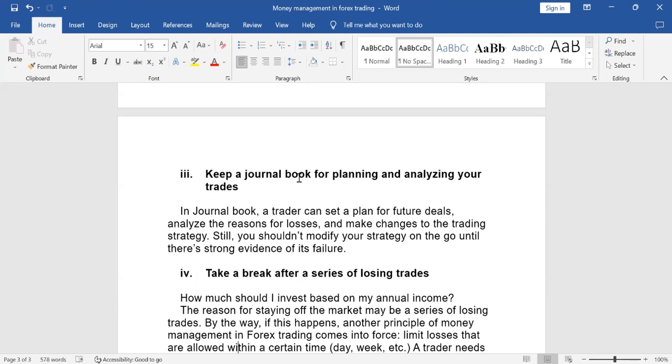Go and do your research. Most professional traders keep a record of the trades they take. That is why scalpers don't have a journal book, but professionals, intraday and swing traders have a journal book.